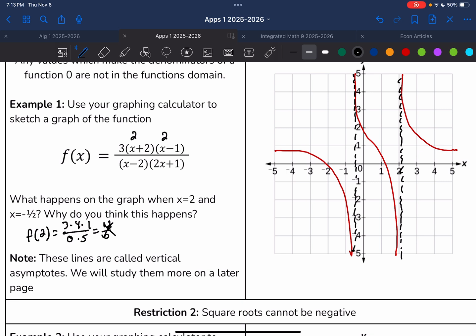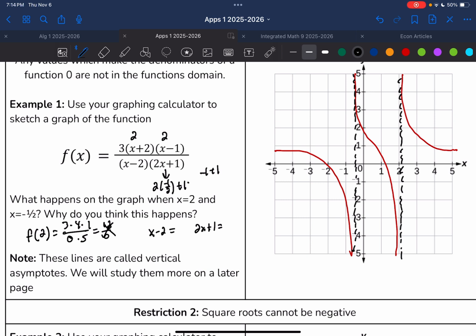So that's why 2 has an asymptote. If you think about why -1/2 has an asymptote, well, 2 times -1/2 plus 1 is going to be -1 plus 1. So -1/2 makes this part of the denominator equal to 0. 2 makes this part of it 0, -1/2 makes this part of it 0. That's why we have our asymptotes there. So if we want to find the asymptotes, you can think about my two parts of the denominator, x minus 2 and 2x plus 1, and set them both equal to 0.